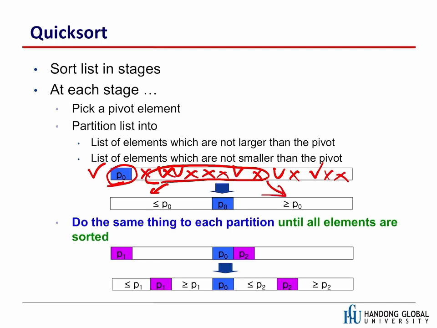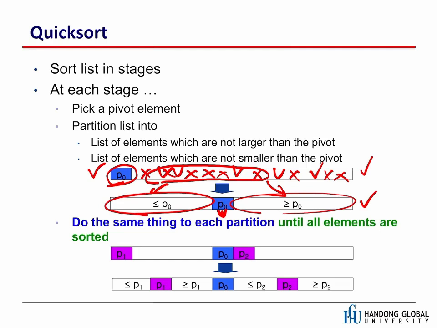So basically we have two partitions with one pivot. By partitioning, this is somehow more sorted than before. Based on this we have smaller elements and larger elements, so it's kind of sorted but not exactly.